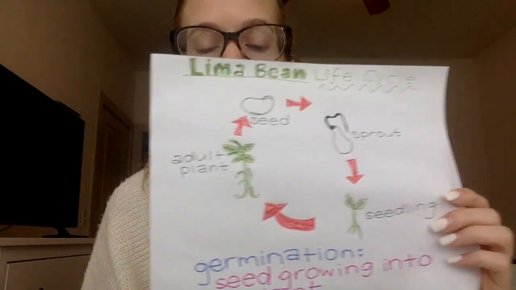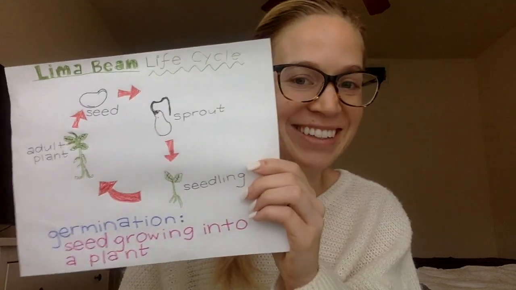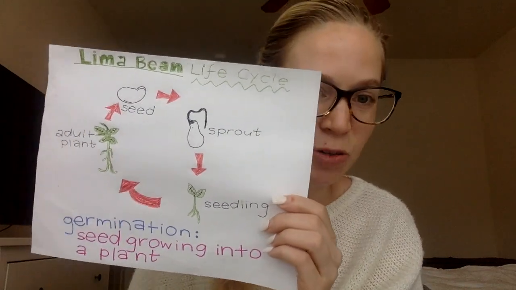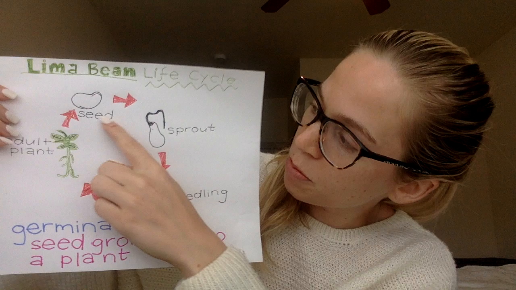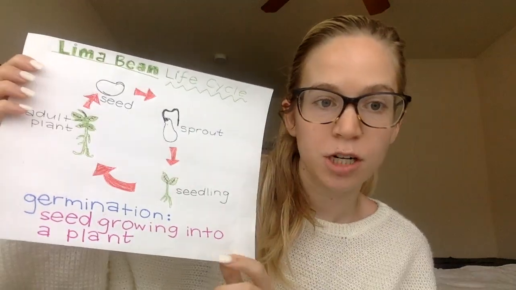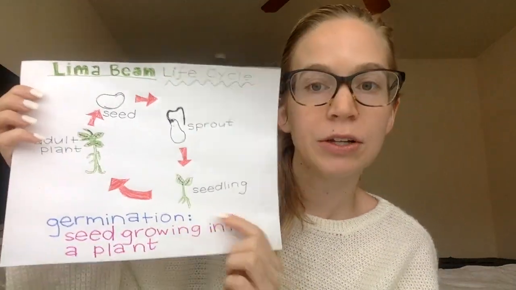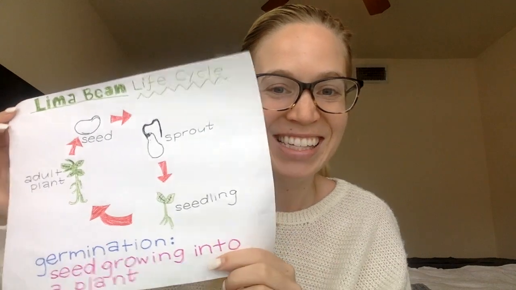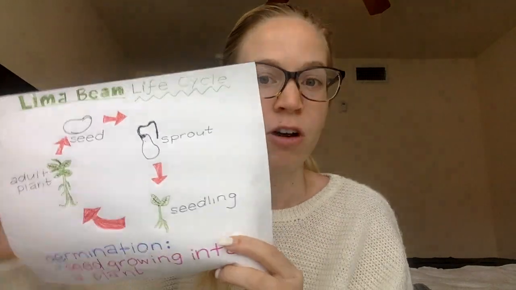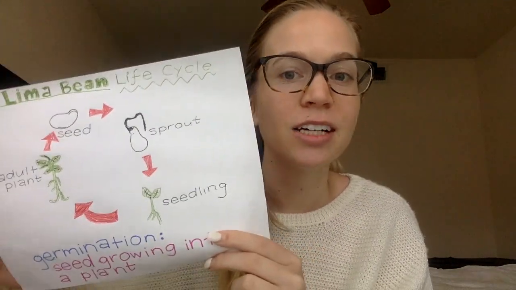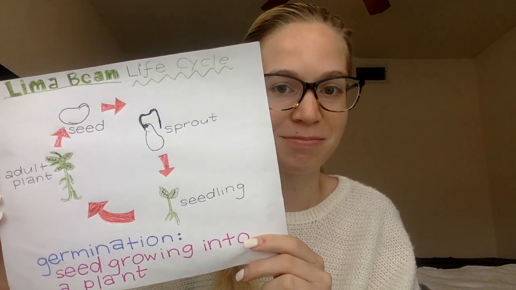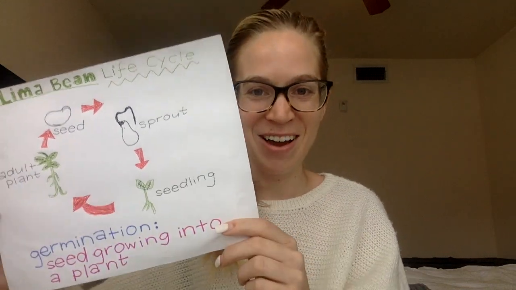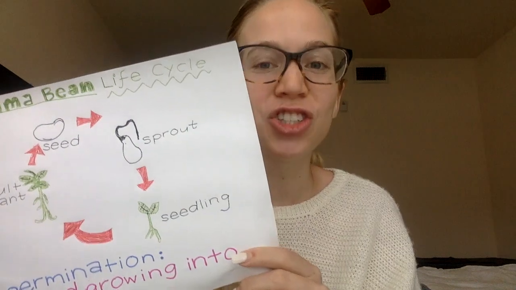Now, there is some vocabulary that I want you to learn with this unit. Along with being familiar and learning all of these terms, I also want us to learn the big word that is germination. So friends, please say germination. Good. One more time out loud.